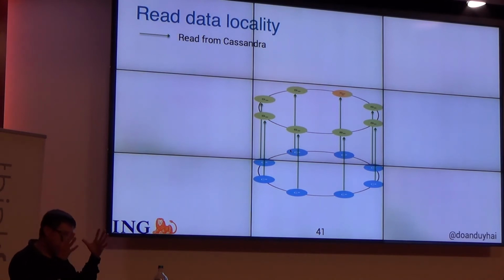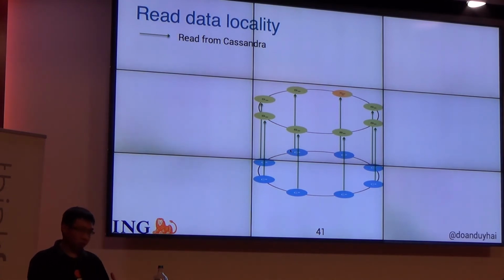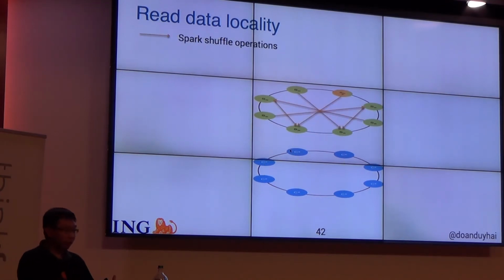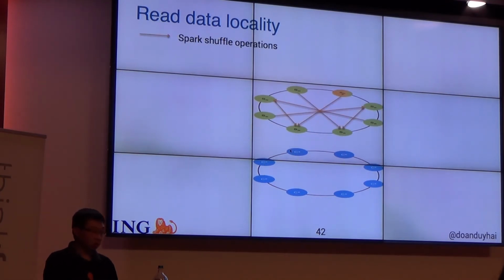If you have a 10 terabyte table and 10 nodes, each node will read approximately 1 terabyte of data, because it is distributed. Of course, once you are in memory, you can perform some operations. Some of them will require a shuffle: joins, group by.